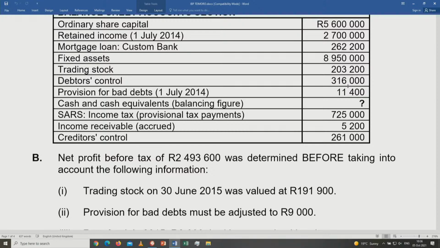Now, if what we are counting is lesser than what is on our records at the end of the year, it simply means that we have a trading stock deficit. Remember, after stock counting, it is either we'll have a trading stock deficit or trading stock surplus. In this case, because what we are counting is lesser than what's on our records with a difference of 11,300, it means that is the trading stock deficit.